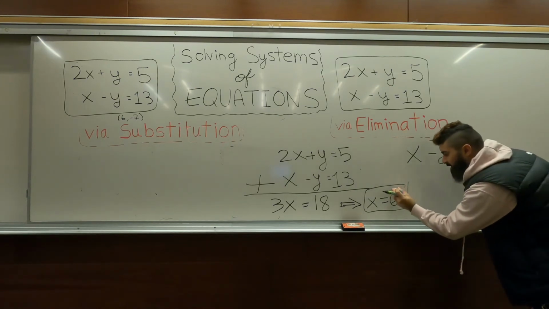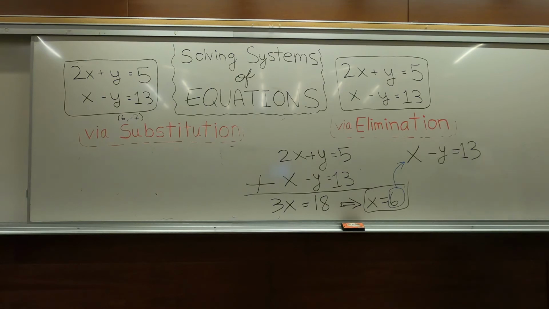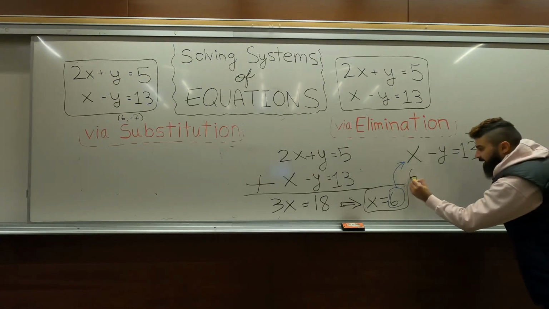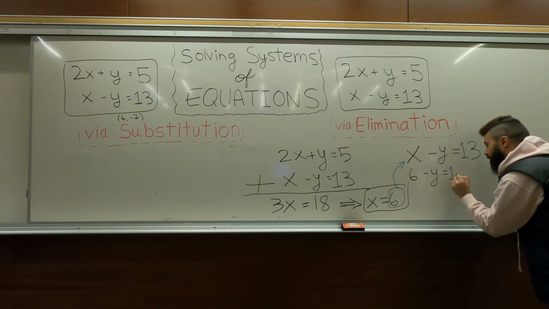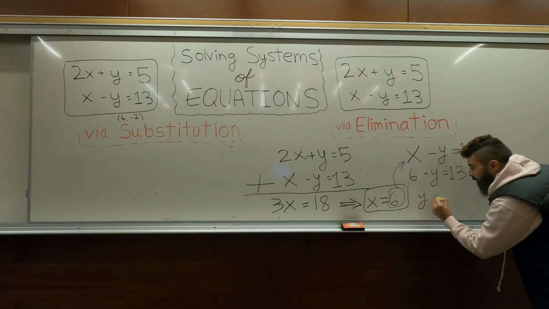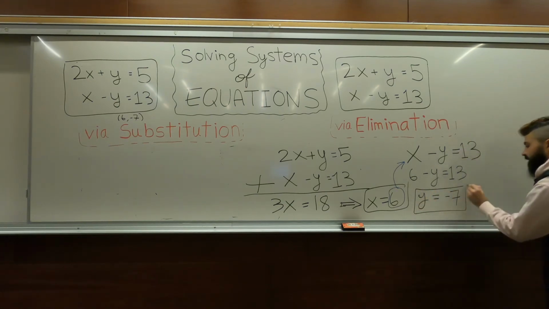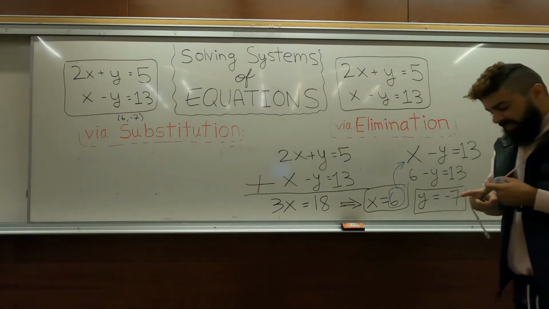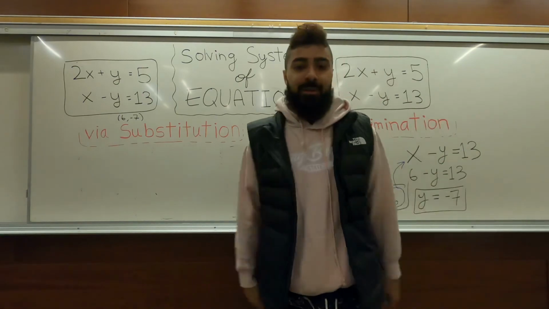Because this 6 is going to go in here. So then we get 6 minus y equals 13. So y equals negative 7. As needed, and we are done. So the answer is 6 comma negative 7. Doesn't matter if you use substitution, elimination, or the graphing method. Thanks.